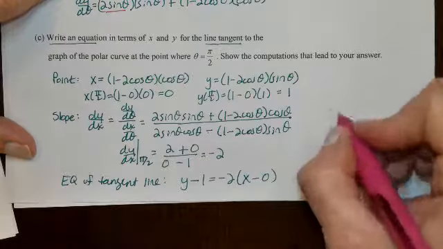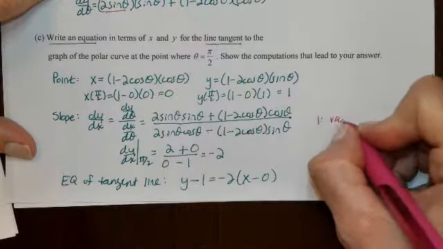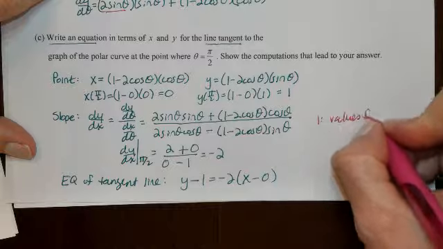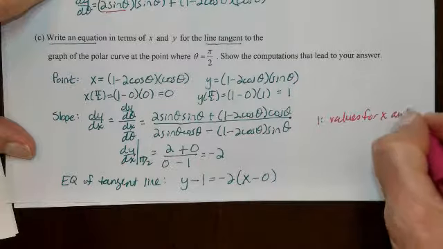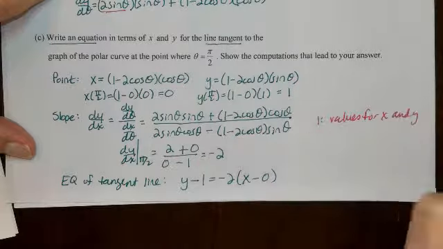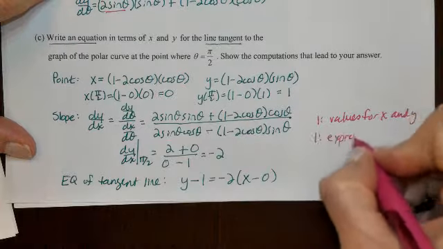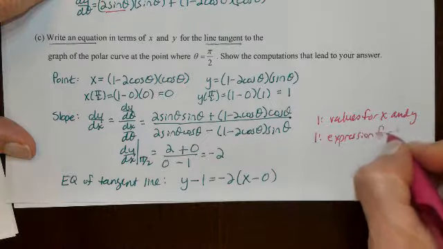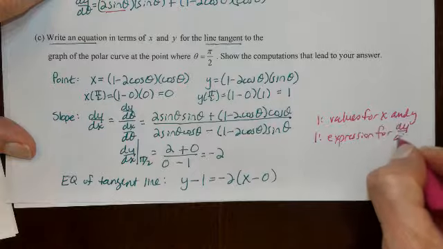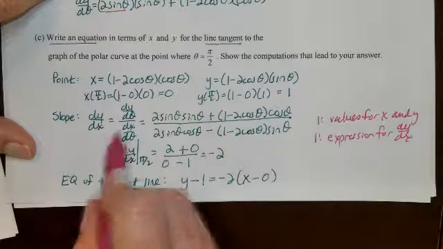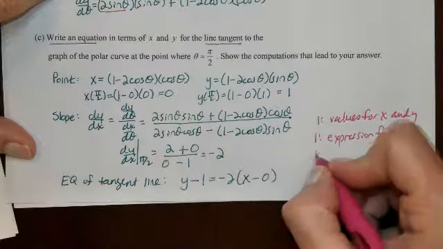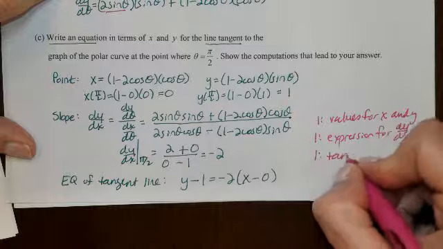This was worth 3 points. 1 point for the values for x and y. So that would be the point. Okay. 1 point for the expression for dy dx. And then 1 point for the tangent line equation.